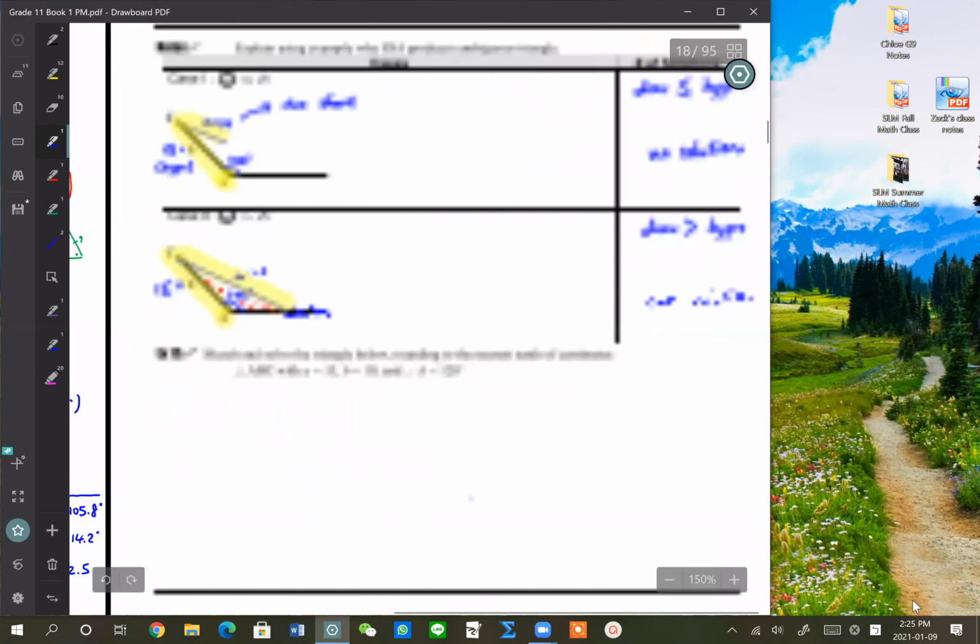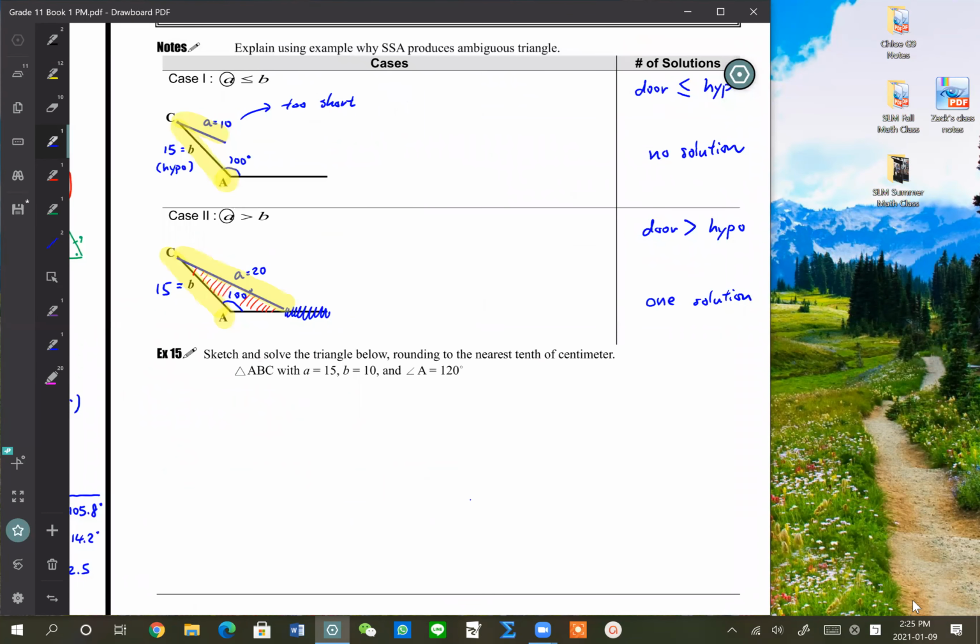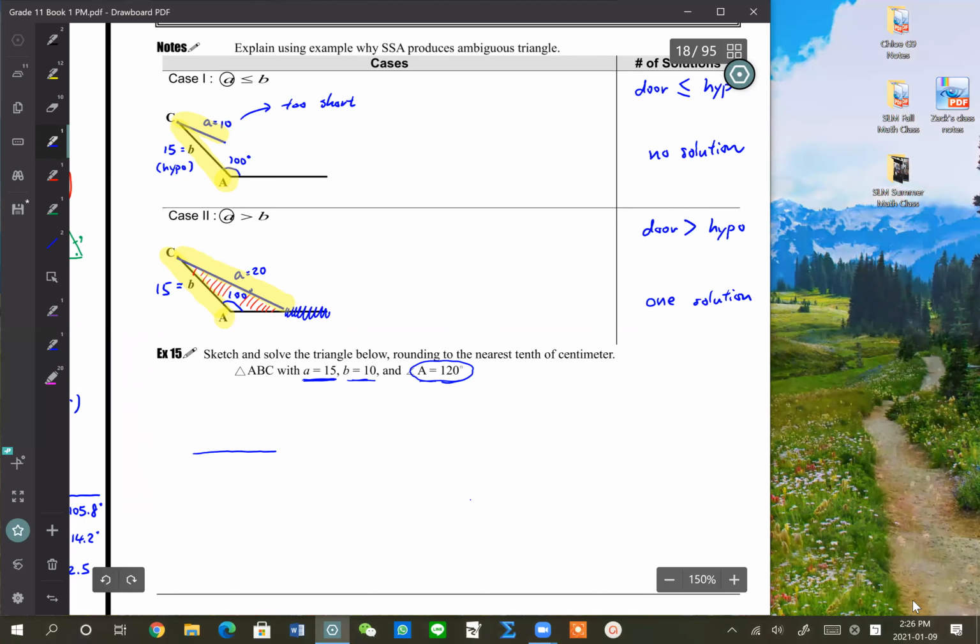For question 15, you can see that they give you an angle A of 120. That's an obtuse angle. We're going to solve this one. Angle, side, side. We can see the angle, and the door is the one opposite. When we draw this out, we try to draw it the same way we learned it.